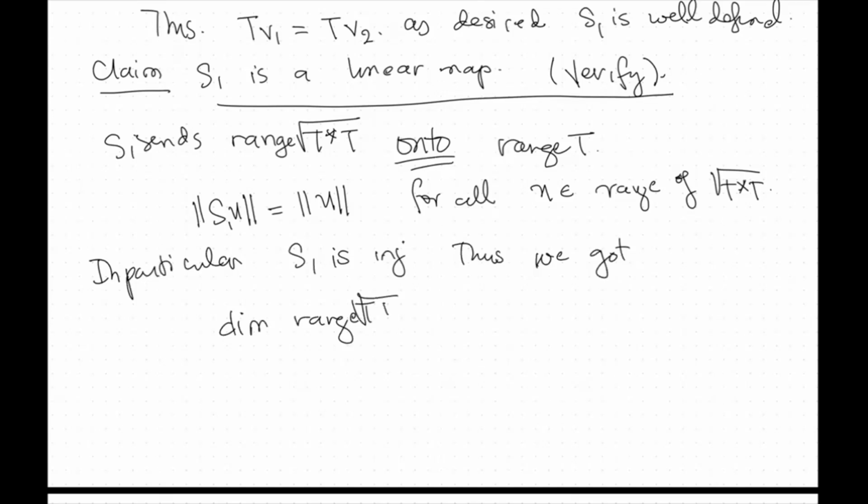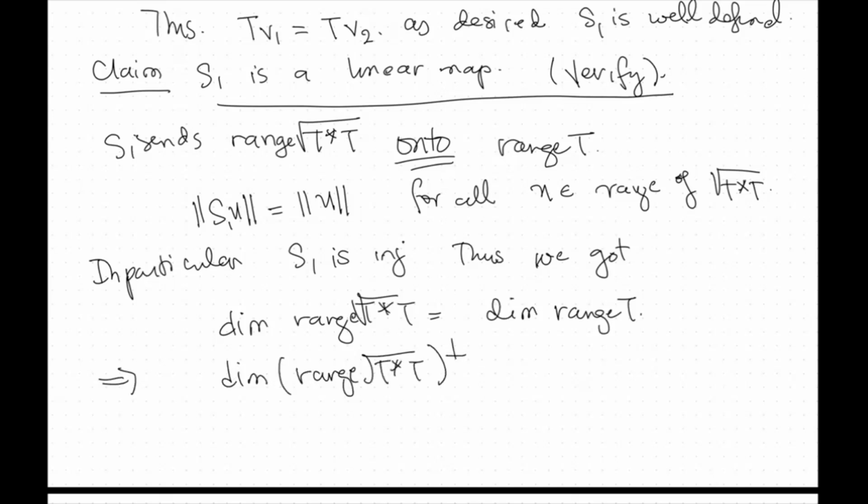So using our fact on the orthogonal complement, this will also imply that the dimension of the range of the square root of T star T complement is equal to the dimension of the range of T complement.